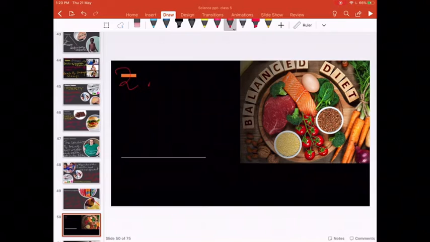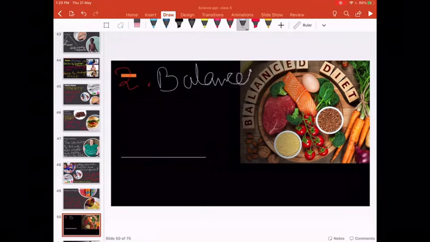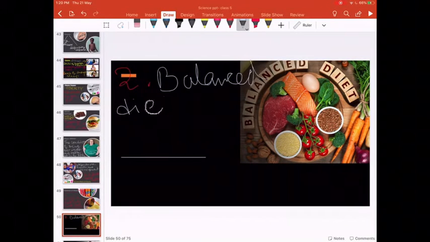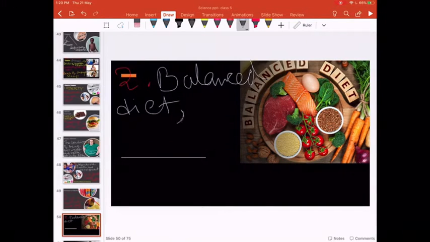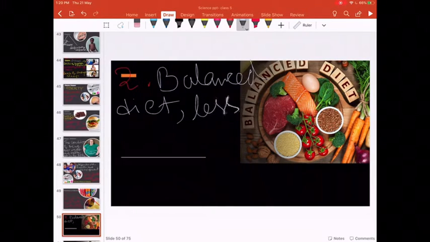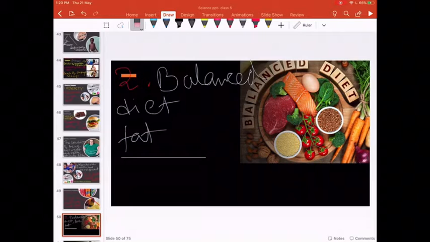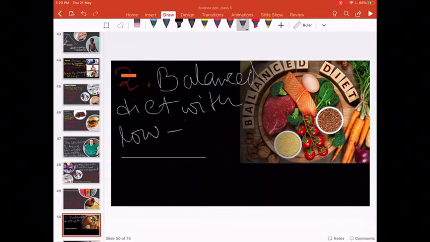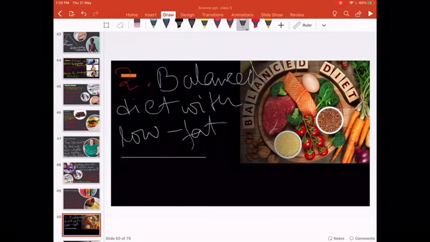Second way, we should have a balanced diet with low fat, less fat in it.